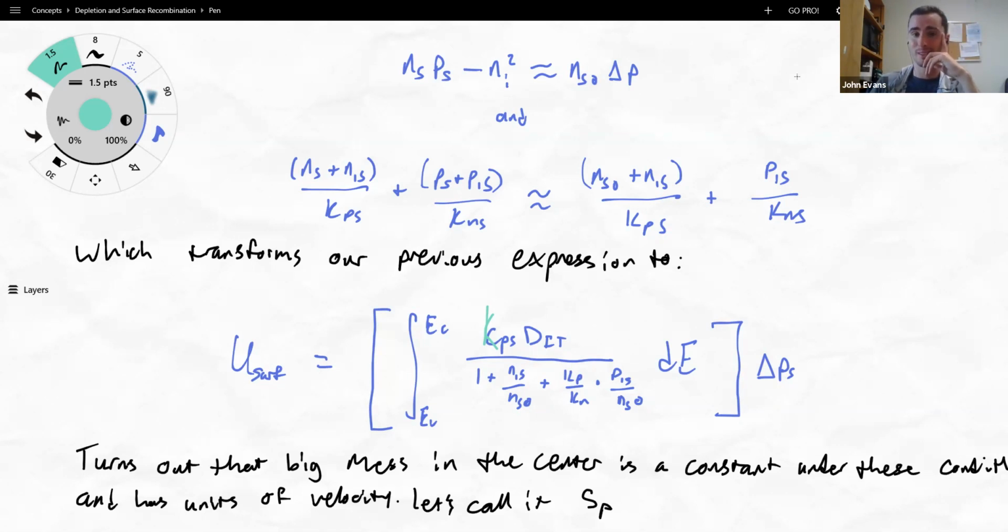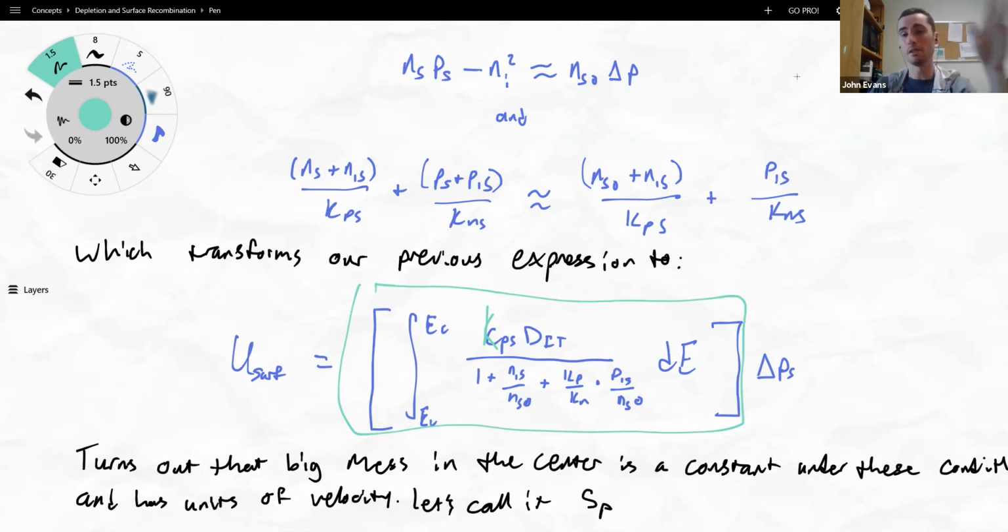Fortunately for us, it turns out that this whole thing, that whole integral, is a constant under these assumptions that we've put in place for the low-level injection. And it also turns out that that constant has units of velocity.